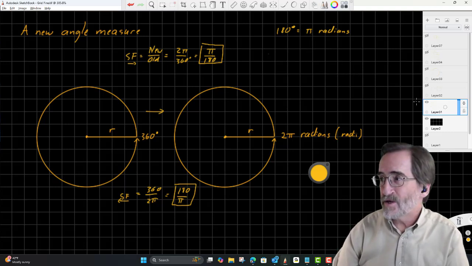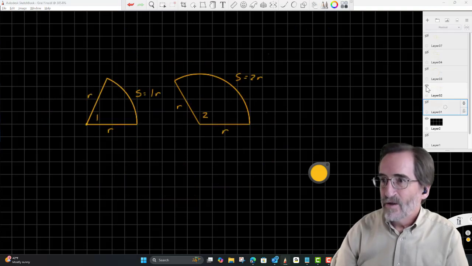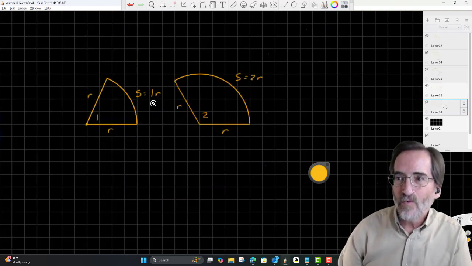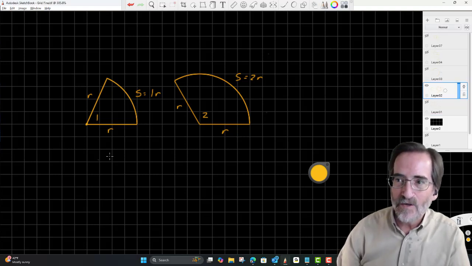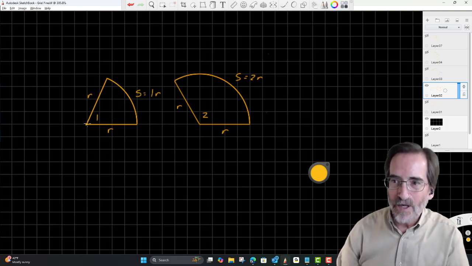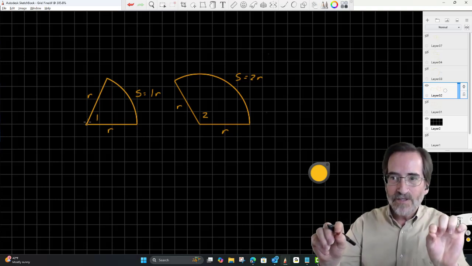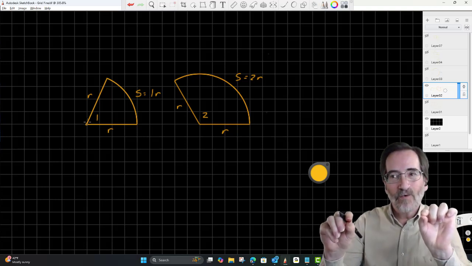All right, now let's talk about how to use that. Remember the way we defined a radian is how many radii fit around a circle, along the arc length. Imagine you take a string and stretch it from the center of the circle to the edge of the circle. That's 1 radius.